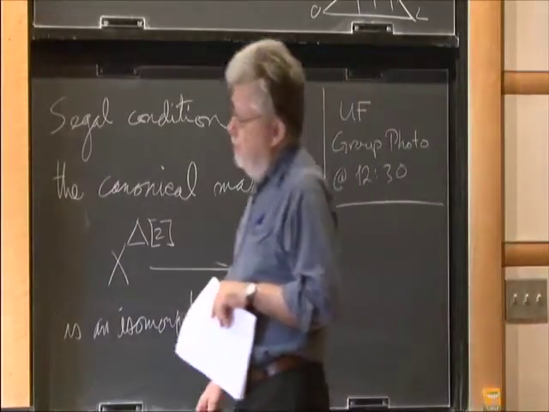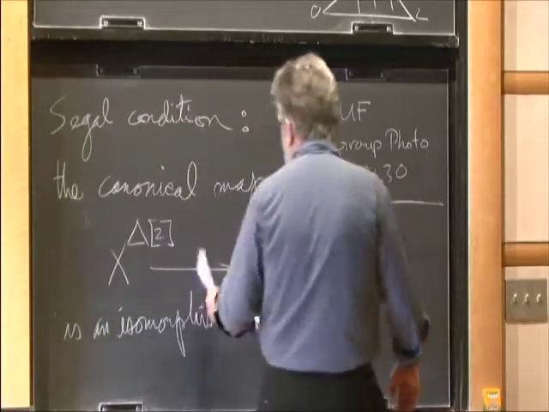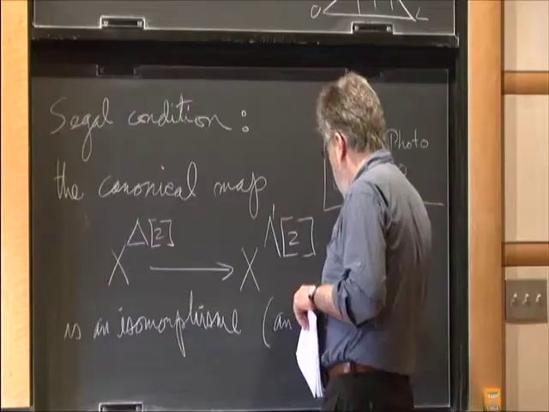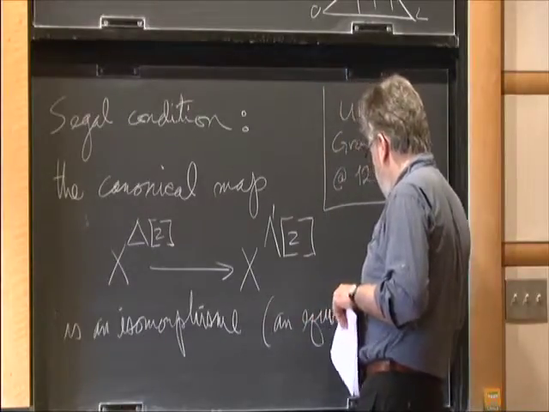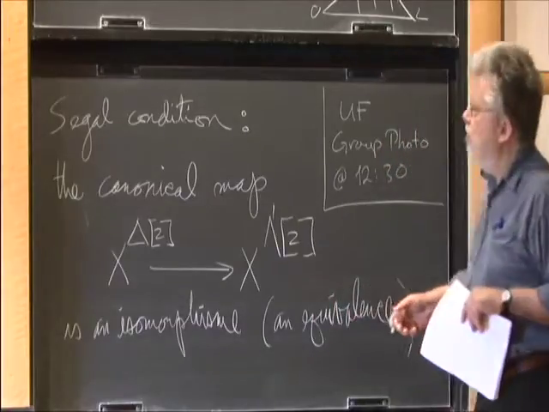And for simplicial spaces or simplicial types, we would like this map to be an equivalence instead of an isomorphism.